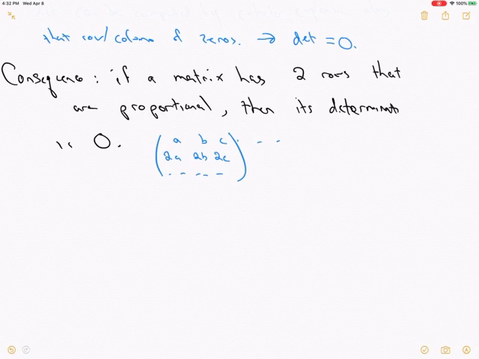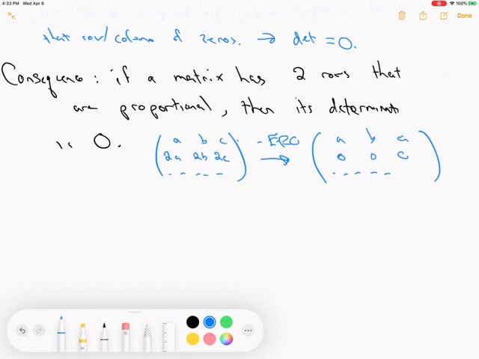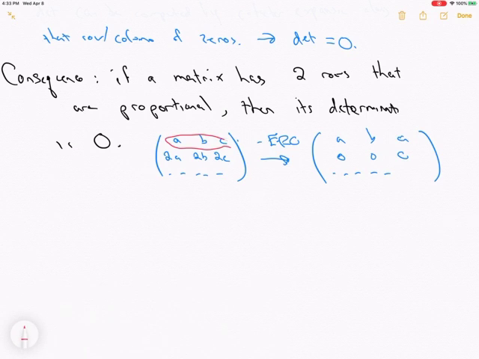What we can do is perform an elementary row operation where we subtract 2 times the first row from the second. Because the 2 rows are proportional, if you just double all the entries, you get that. So you can perform an elementary row operation, and that gives you all zeros.